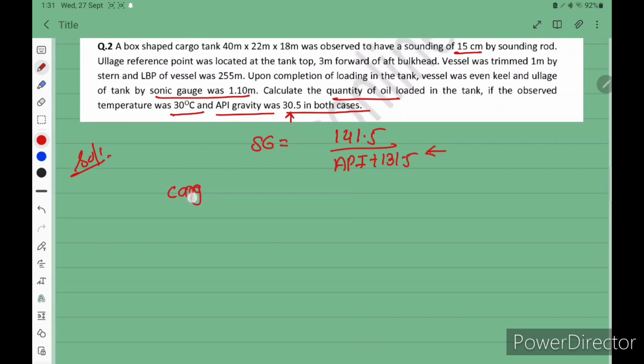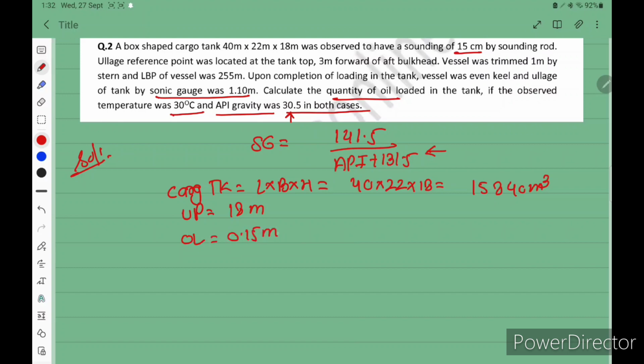Cargo tank dimension is equal to length into breadth into height, is equal to 40 into 22 into 18, so we get 15840. UP 18 meter, OL 0.15 meter, trim by stern.